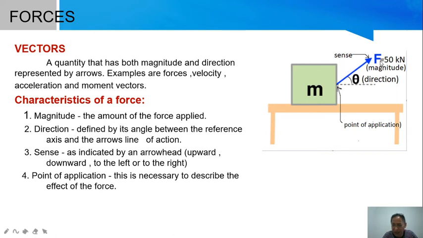Then, force equal to 50 kilonewton. The 50 kilonewton force there is what is termed the magnitude. The angle from the horizontal or maybe from the vertical or a fixed line of reference is termed the direction angle of your force, from the reference to the line of action of the force.